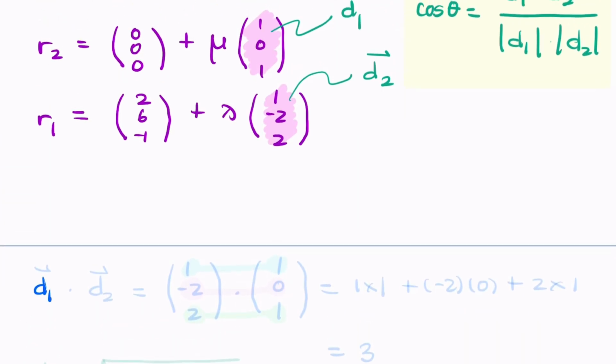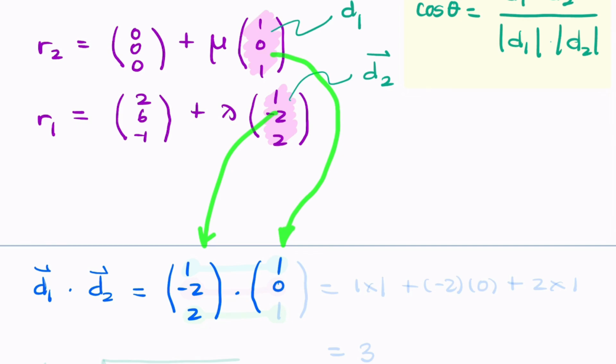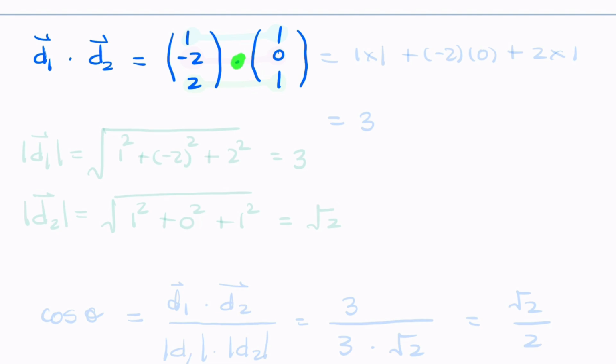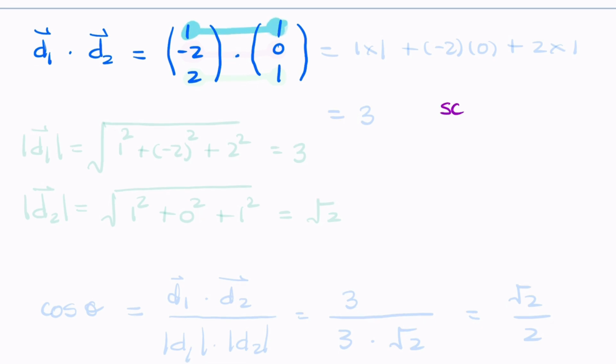So d1 dot d2, this is a scalar product, remember. So it would be 1, negative 2, 2, dot 1, 0, 1. Now remember, when you're finding the dot product, or the scalar product, you multiply the i components together, you multiply the j components together, and you multiply the k components together, then you add these together.